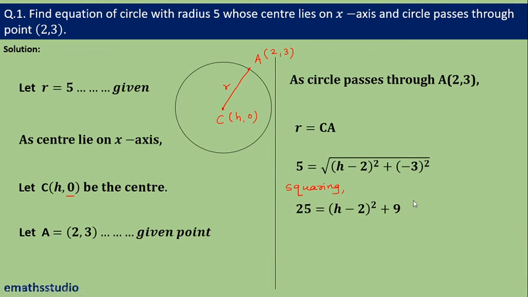It is very simple, I think, to understand this much. Further, in the next step, one can write this as (h minus 2) the whole square is equal to 16. I have taken 9 to the other side, so it becomes 25 minus 9, that is 16. Simple.